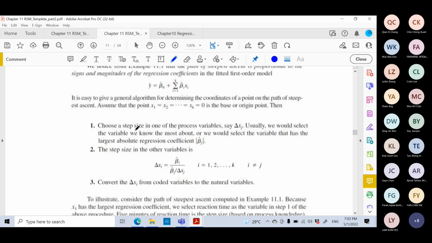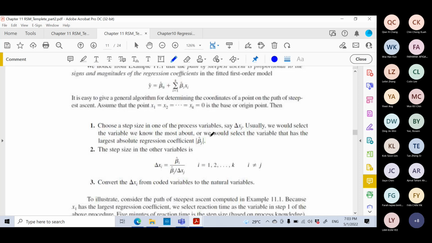Then the first thing is choosing the step size in one of the process variables, say delta j. You need to start with a certain step size. Just now in our previous example, our step size is equal to 5 for the certain variable here. So just now I have a 1 and a 2. So we choose the first one, step size is 5.